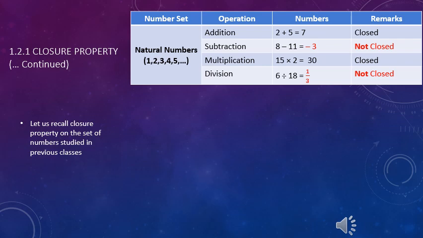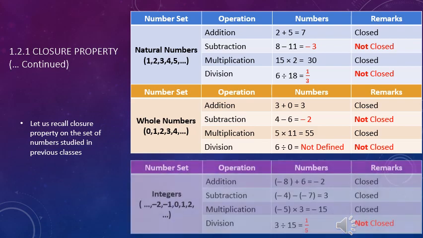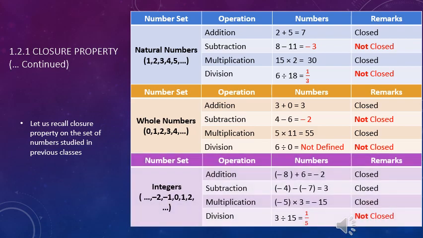Now let us see whole numbers. Under whole numbers also, we can see examples where we conclude that whole numbers are closed under addition and multiplication, whereas it is not closed under subtraction and division.